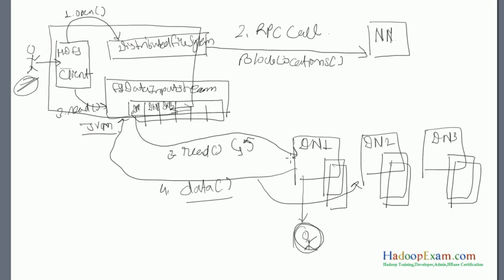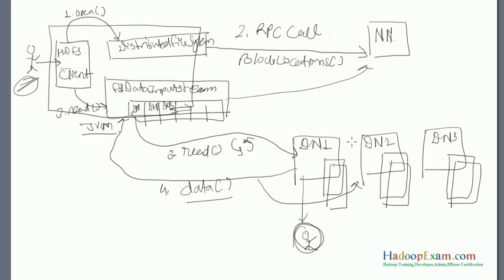It will also call the name node in between. If this FS data input stream doesn't have the block location for further reading, it will make a call again to the name node to give the remaining or further block locations, so I can start reading from there. So that happens as a part of the step.